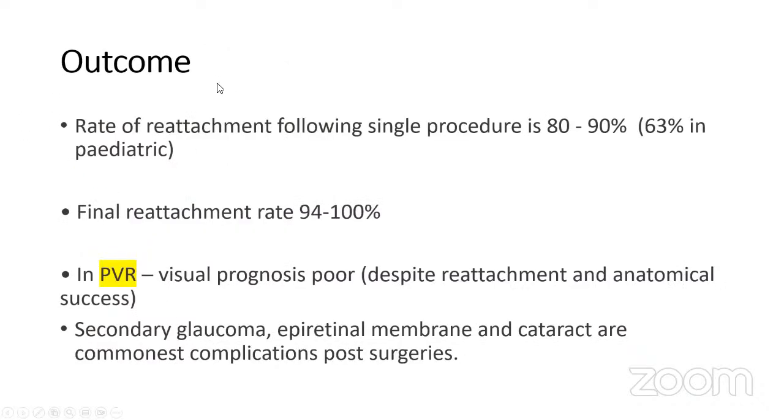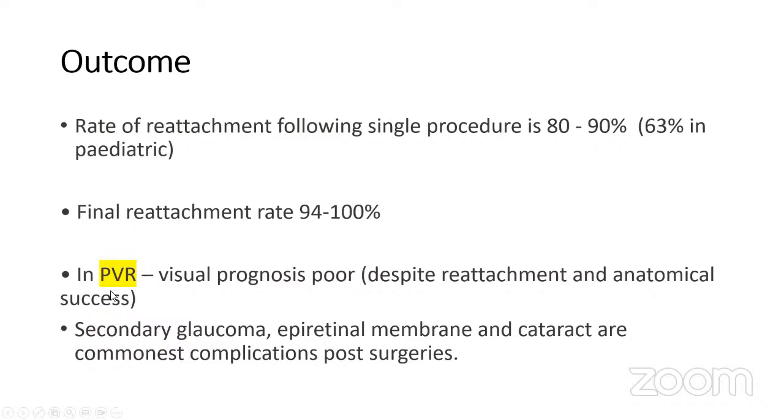As for outcome, the rate of reattachment following a single procedure for giant retinal tear is up to 90%. However, it is lower in pediatric cases because they are more prone to developing PVR, and the final reattachment rate is sometimes 90 to 100%.